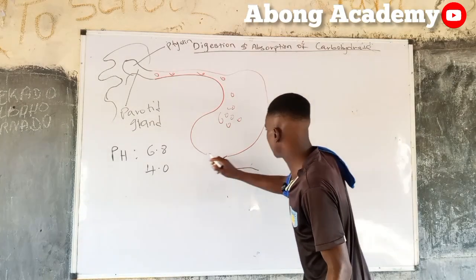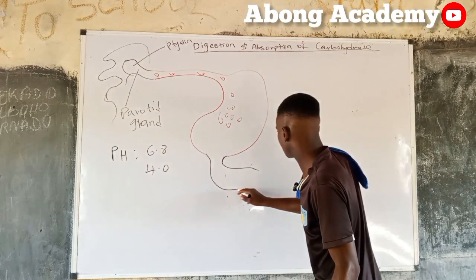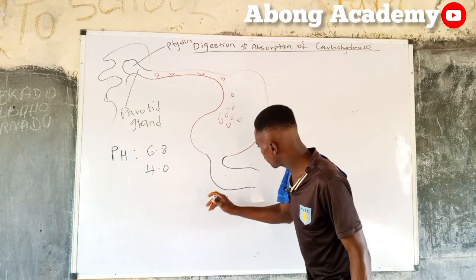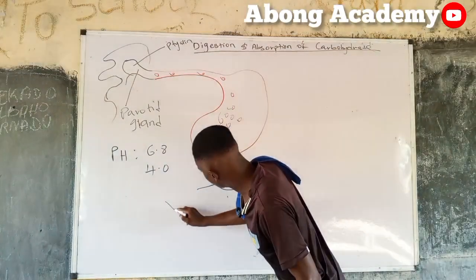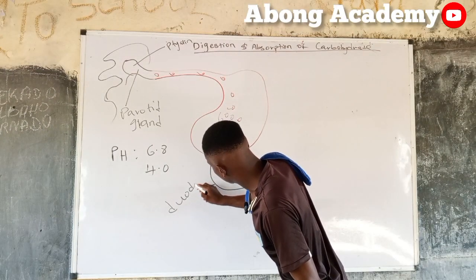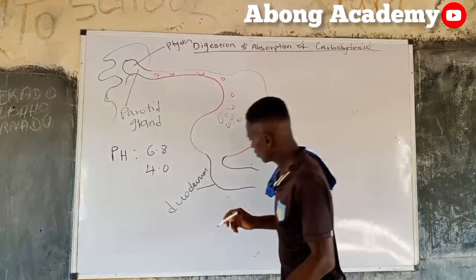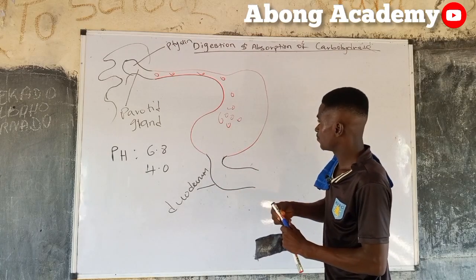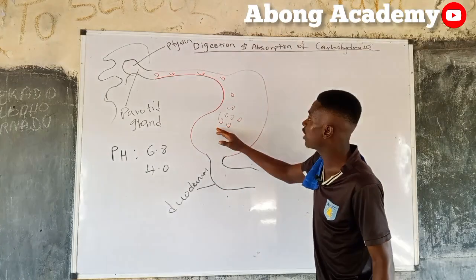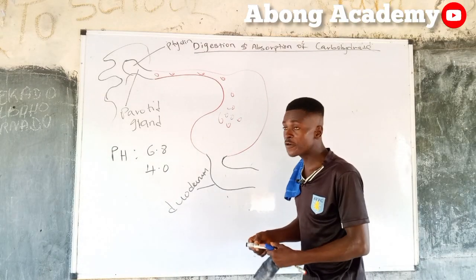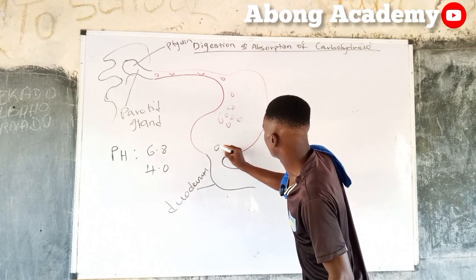This is the small intestine. Around the small intestine, there is what is referred to as the duodenum. This partially hydrolyzed carbohydrate is also referred to as chyme.